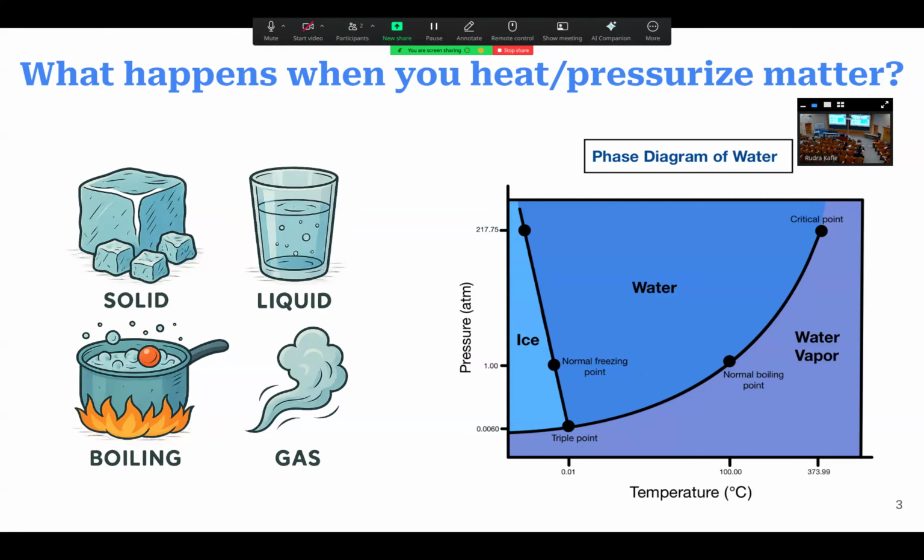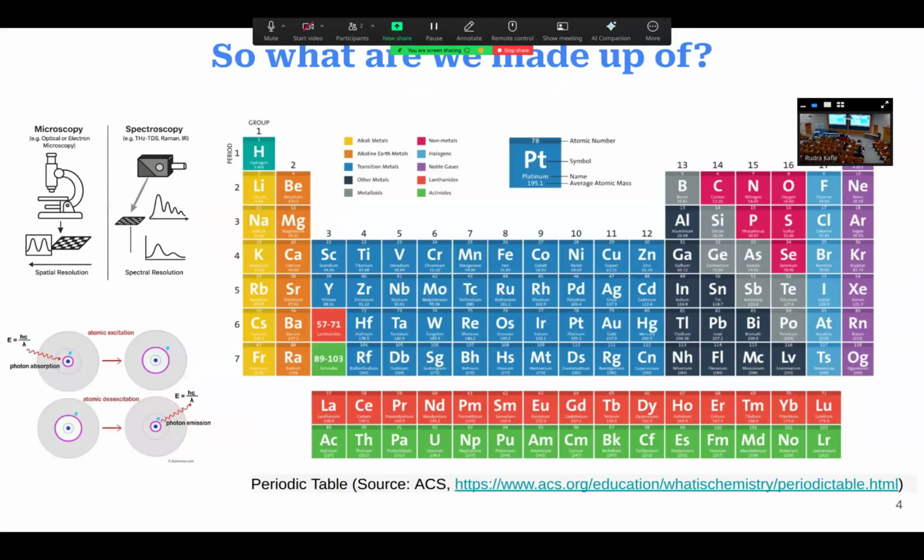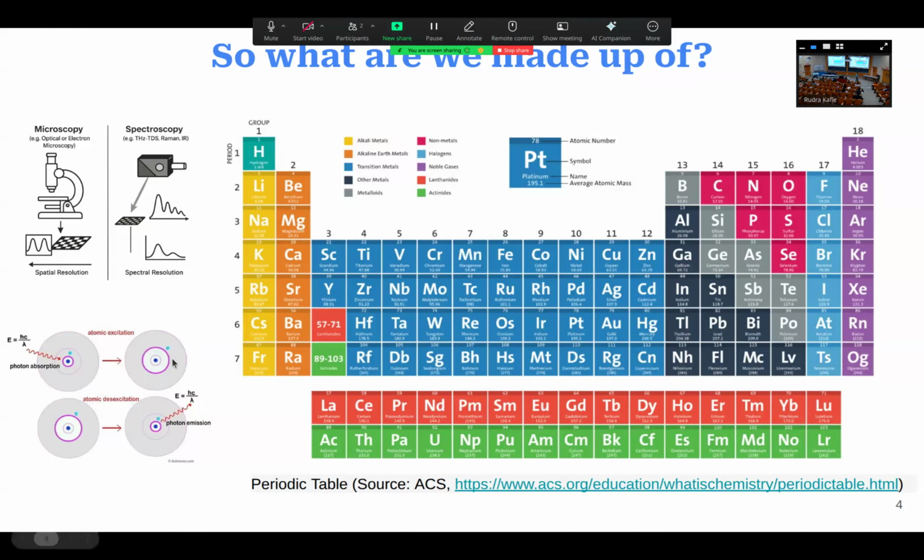But what happens when you want to see what's inside the water, or what the matter is made up of? If you naively ask that question, then you will end up seeing possibly this periodic table, right? So most of the matter in the universe is made up of these elements, which we can detect using different techniques, especially spectroscopic techniques, which use quantum mechanical properties of atoms.